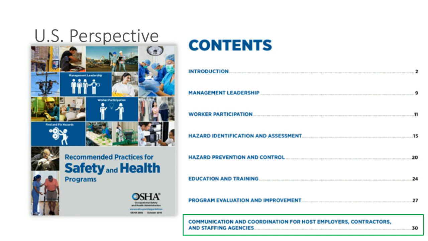But I think it's particularly telling that in both the general industry and construction safety and health program guides that OSHA put out, they have as the last element, in the general industry one, communication and coordination for host employers, contractors, and staffing agencies.